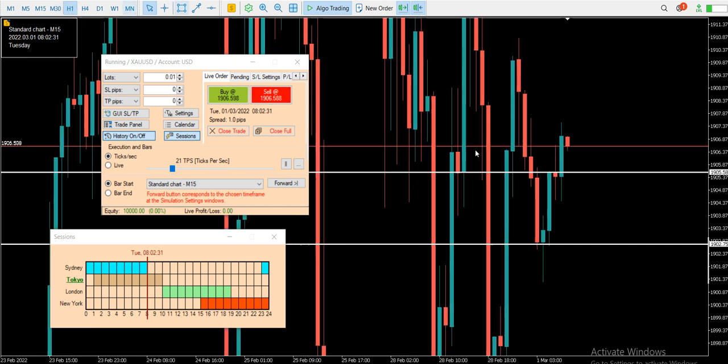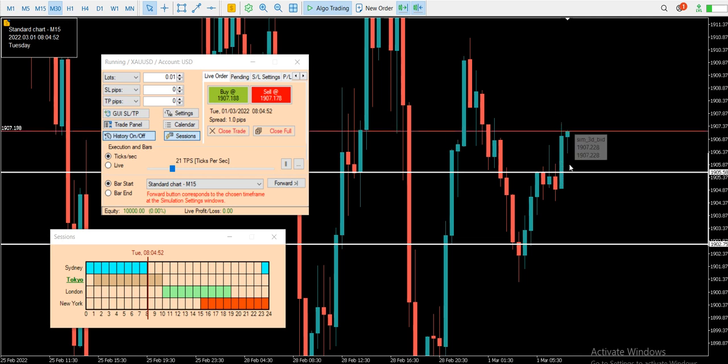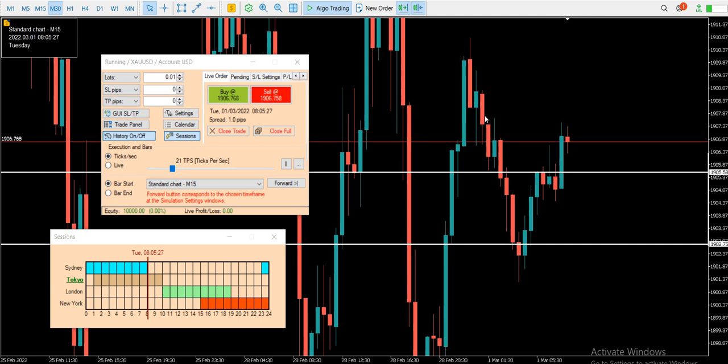Because we have a clean range on H1. Whenever we have a clean range on H1, the supports and resistances on the smaller time frame can be ignored. So if this candle breaks the high right here, I will execute the buy trade. SL will go under the previous candle or maybe under this candle. We'll see at that time.